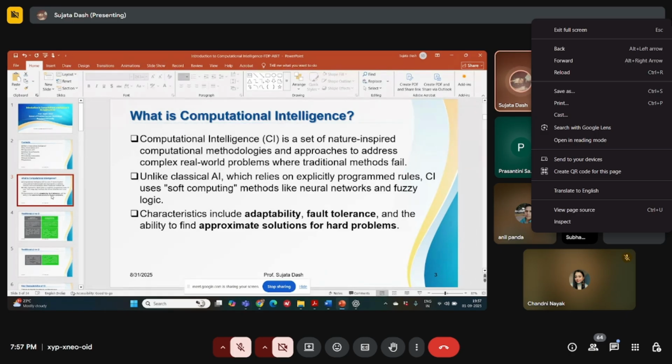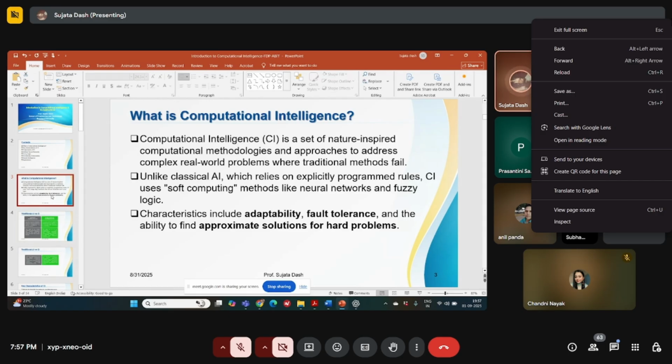Then, coming to artificial immune systems, this is inspired by the adaptive immune system to detect anomalies and handle dynamic environments. The last one is hybrid systems. The name itself says we are hybridizing, or combining, more than one system.